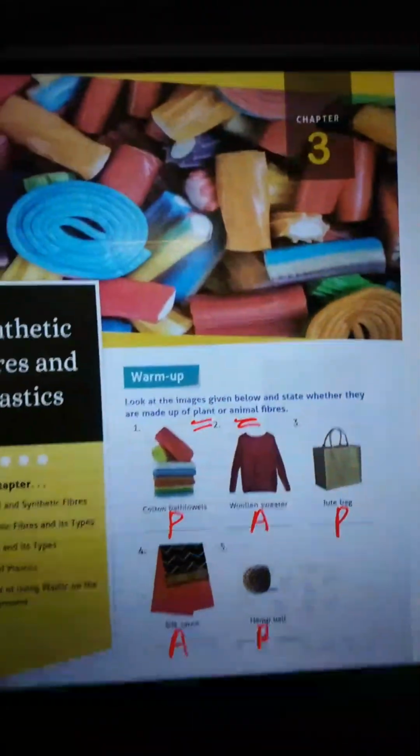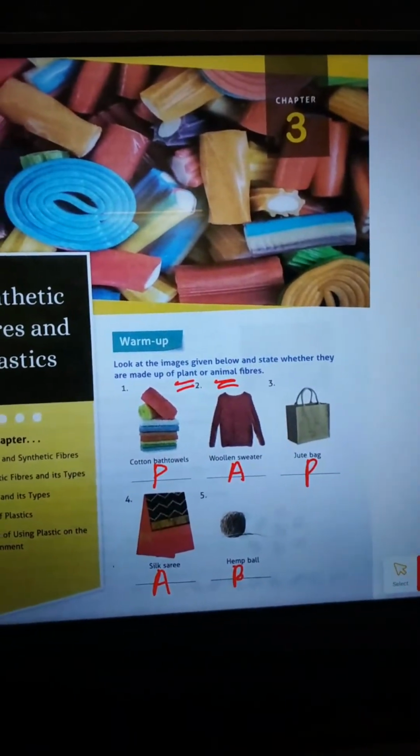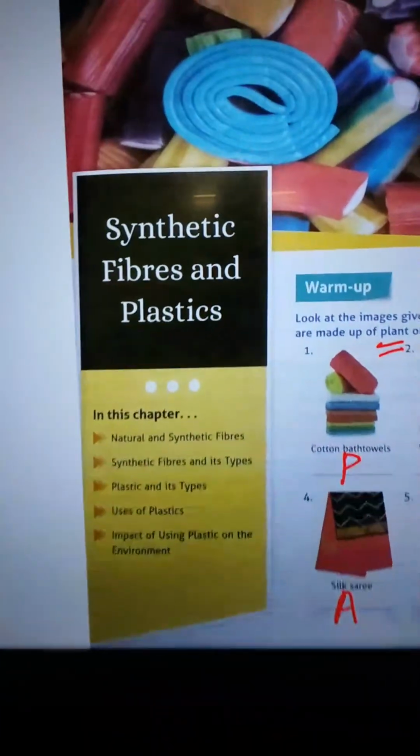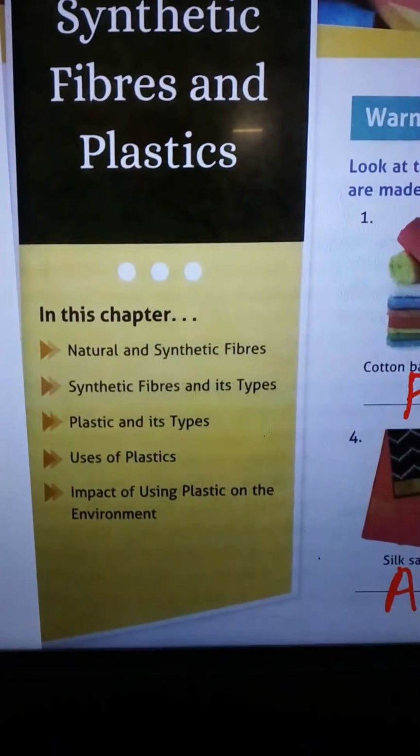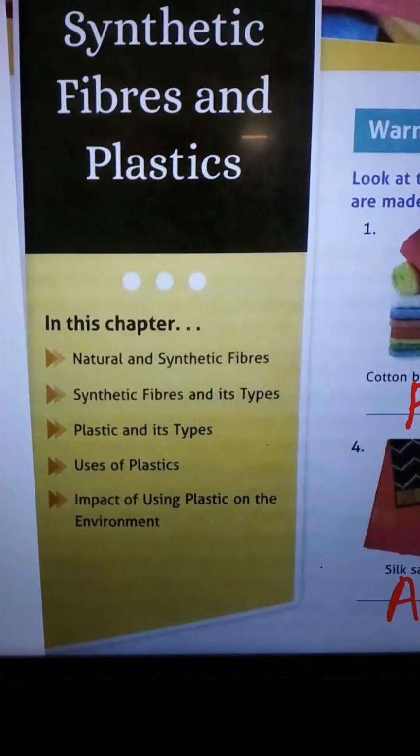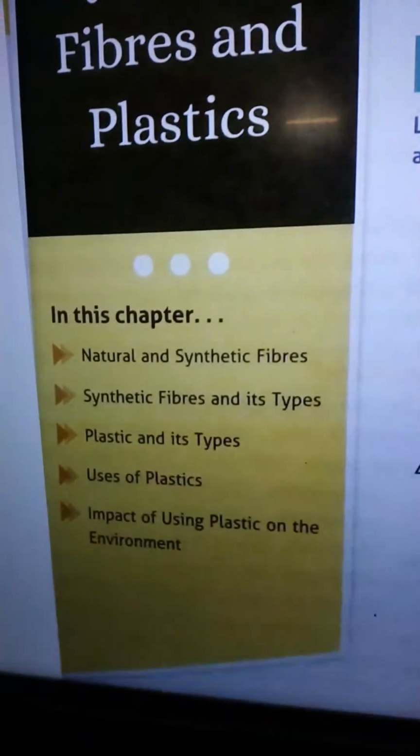So there is some warming up given, and in this chapter we will study natural and synthetic fiber, types of synthetic fiber, plastics and types. So let's begin.